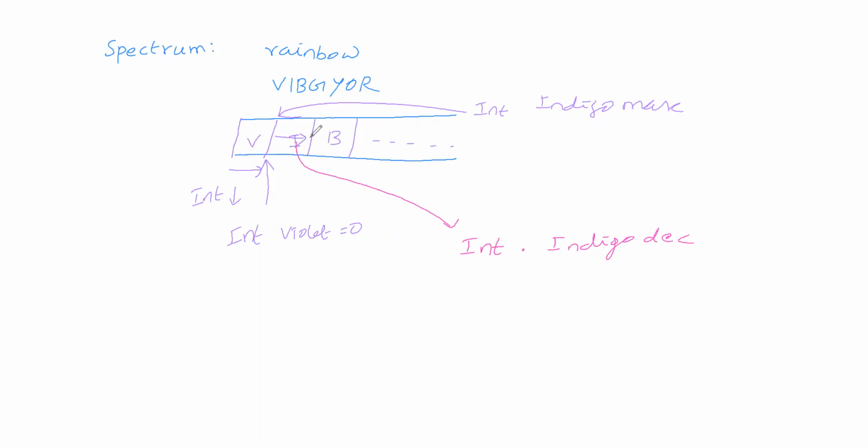At this place, the intensity of indigo is 0, whereas the intensity of blue is maximum. Like this it continues. So the VIBGYOR spectrum is like this.